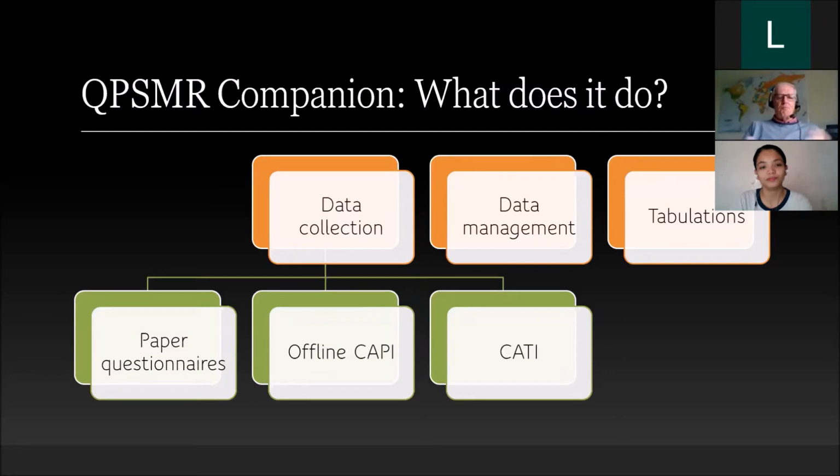The data collection in QPSMR comes with just the standard version, having data collection for paper questionnaires or for offline CAPI surveys, and it has an additional module if you want to do CATI through a telephone centre where you've got operators who are dialing out to respondents. So that's the data collection side.